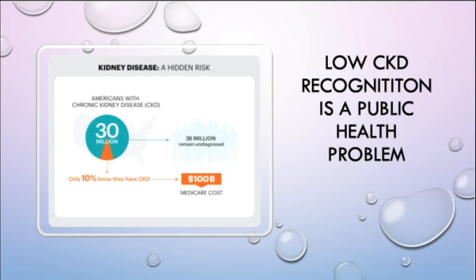And the same with people with high blood pressure. Again, we go back to that low recognition of CKD. We need to make sure that these people are being followed appropriately, because more than likely, even more so if they are not following their treatment plan, they will develop some sort of chronic kidney disease later on in life.